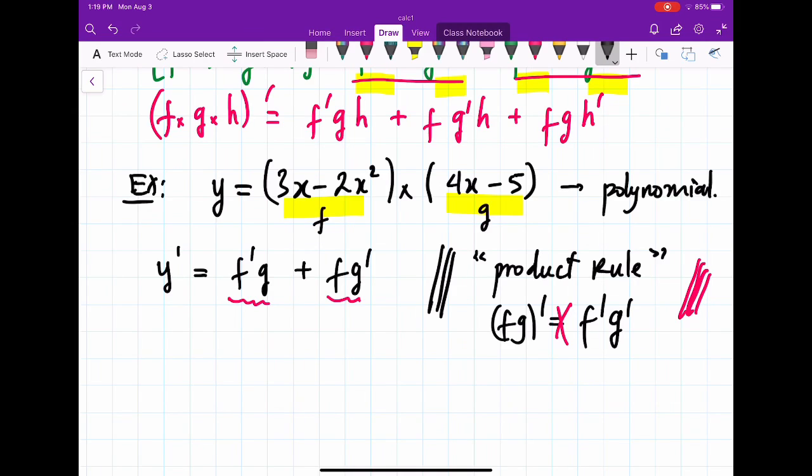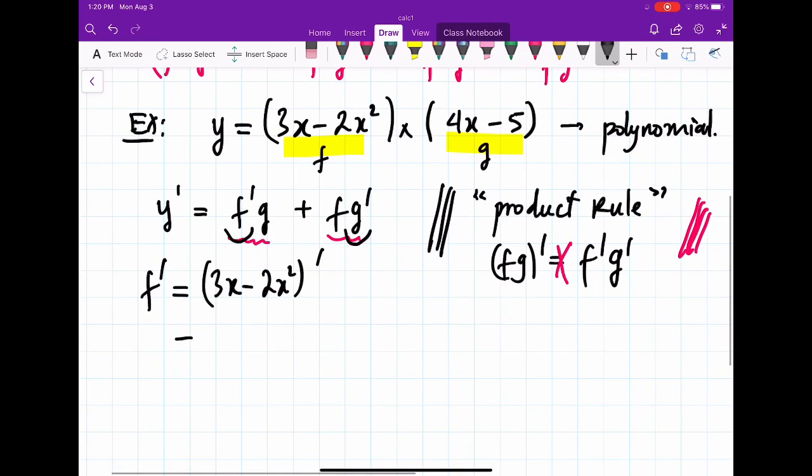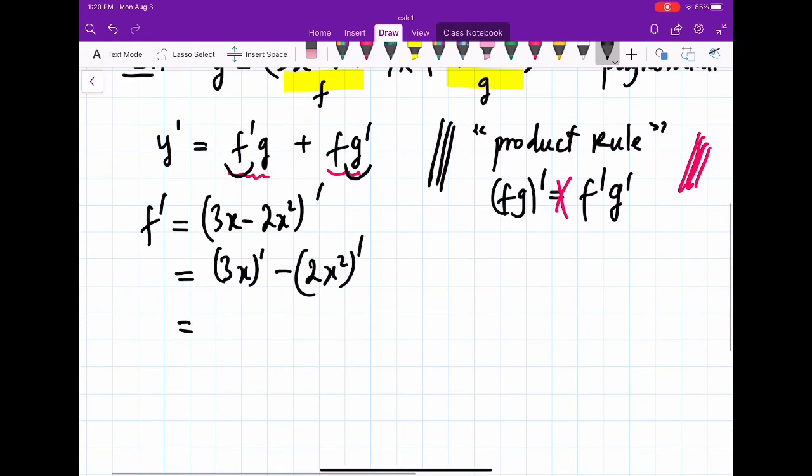And now I have to find the derivative of f and the derivative of g, and write them all together. So I can write separately, f derivative is the derivative of 3x minus 2x squared. I have the derivative of 3x minus the derivative of 2x squared. So that is the derivative of 3x minus 2 times the derivative of x squared.